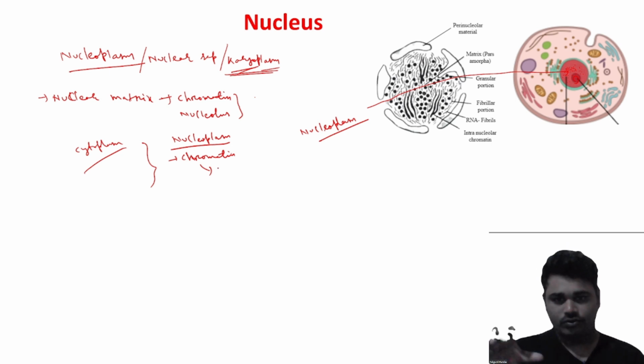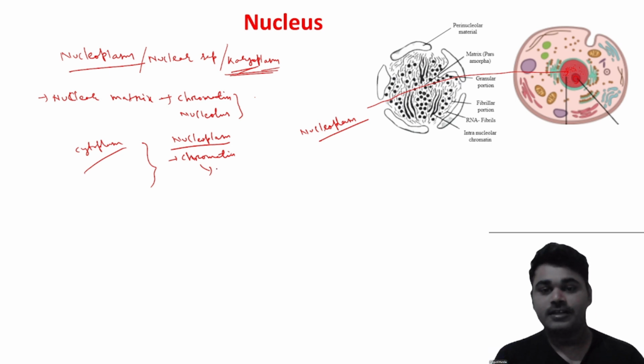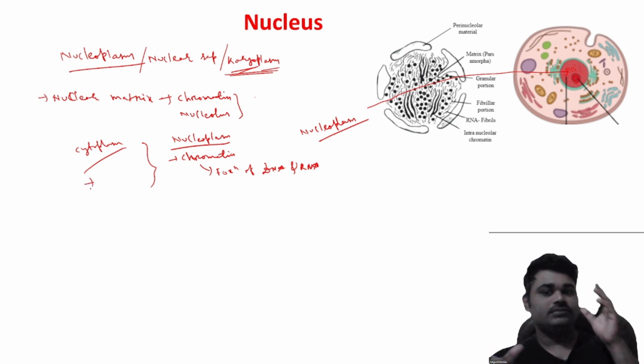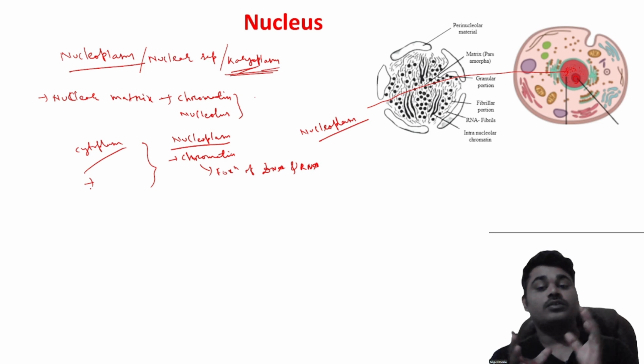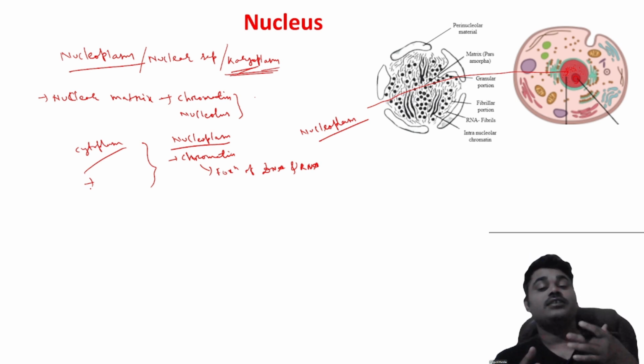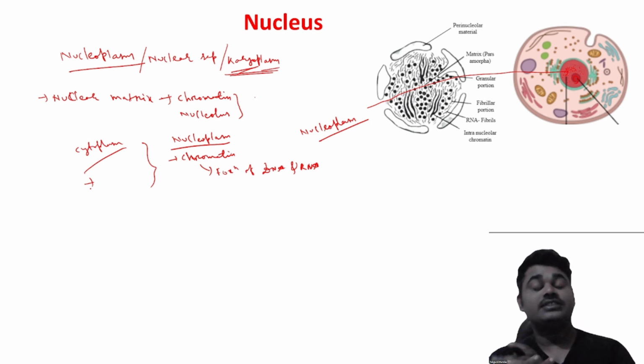Because of the presence of chromatin, it also helps in the formation of DNA and RNA, which is absent in the cytoplasm. This is the main difference.